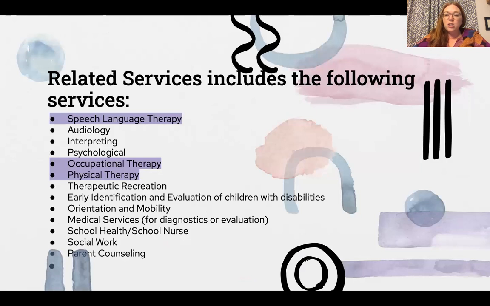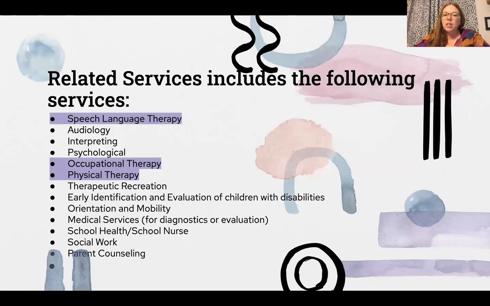So related services include a lot of professionals. The ones I highlighted in purple, which are speech and language pathology, occupational therapy, and physical therapy, tend to be the most common ones that I've seen in schools. However, there are more.